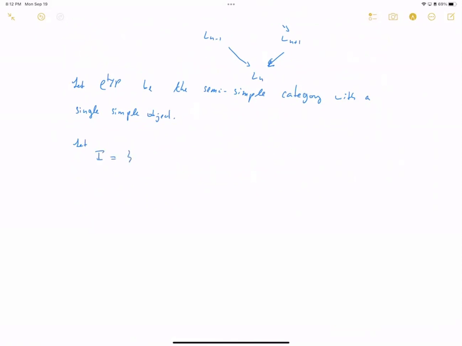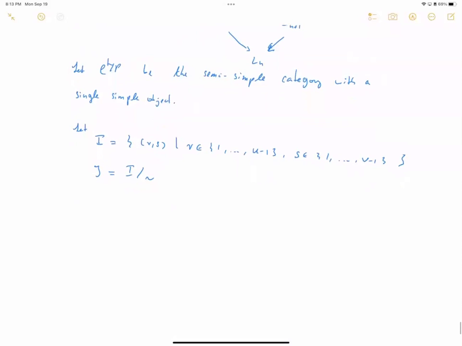I is just the set of tuples r and s, where r is an integer between 1 and u minus 1, and s is an integer between 1 and v minus 1, and J is I modulo the relation that (r,s) is related to (u minus r, v minus s), and of course itself.